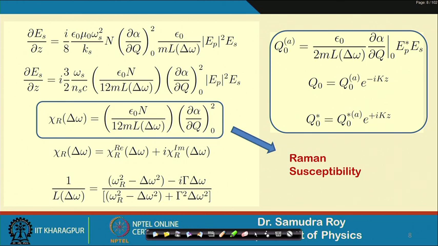And now what we do is define one quantity which is the Raman susceptibility. Why are we doing this? Because if you remember the process of second harmonic generation or third harmonic generation, the form of the equation looks quite similar to this equation.